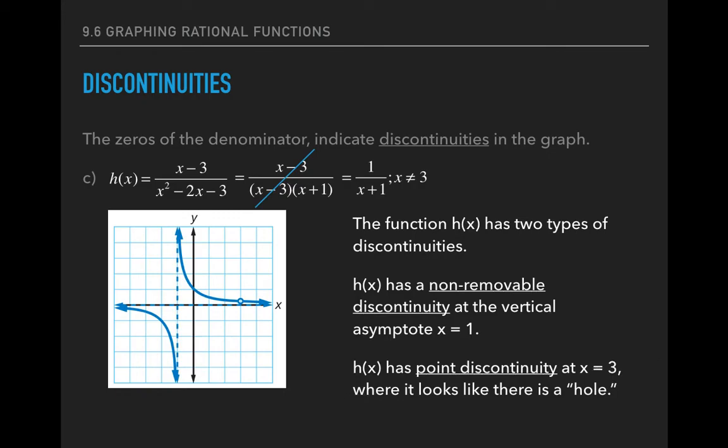So we already have noted that we have a non-removable discontinuity at your vertical asymptote. But when you remove a factor from the numerator and denominator, when you can simplify that, that results in a point discontinuity at that removed value, which in this case was when x is equal to 3. And what is generated is something that looks like a hole.